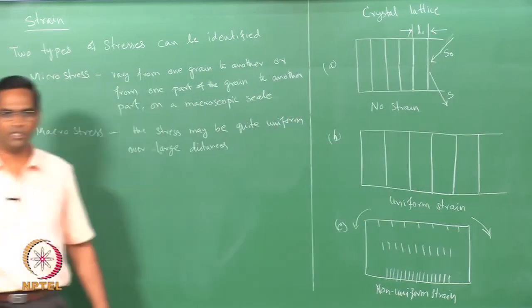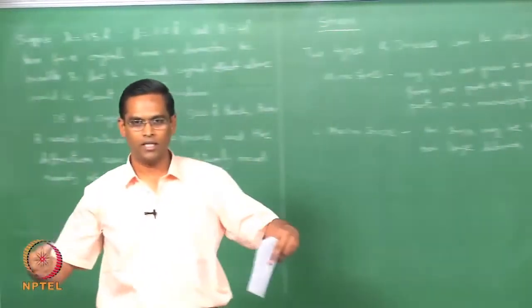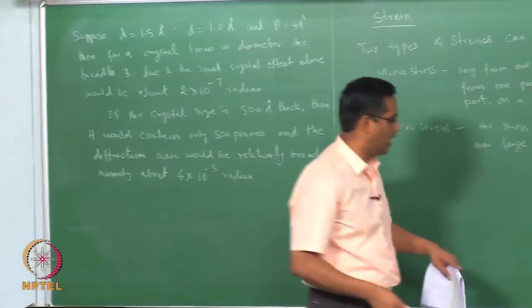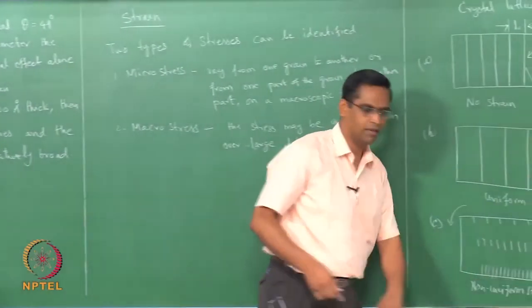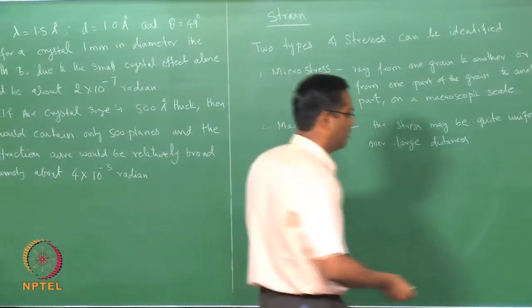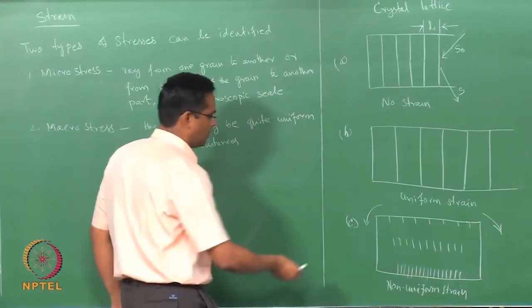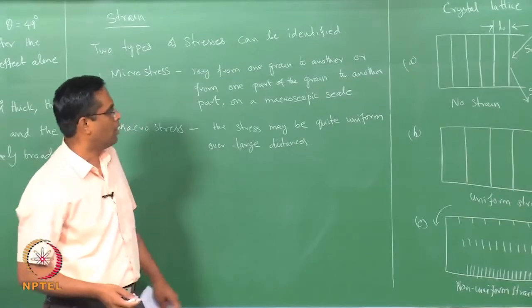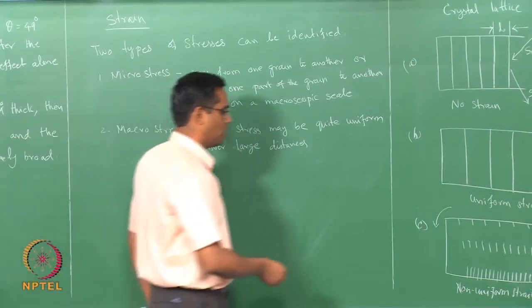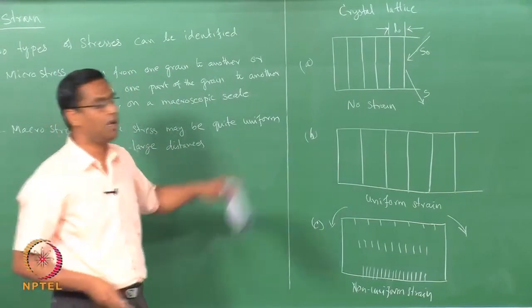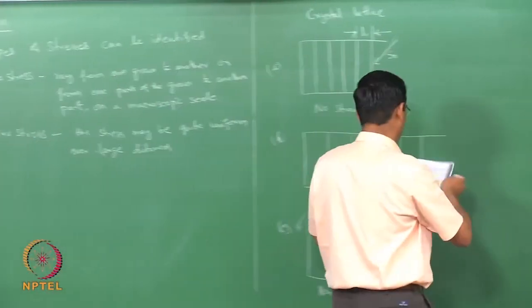So, there are 3 situations. One is under tension, where d is more than d naught, and on the bottom d is less than d naught, and somewhere in between it will be equal to d naught. Then we say that the specimen, or the crystal lattice, is subjected to non-uniform strain. We will now see what the corresponding diffraction peak line is.